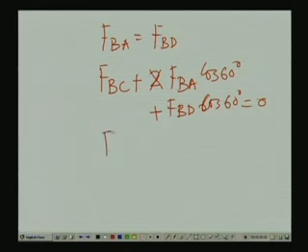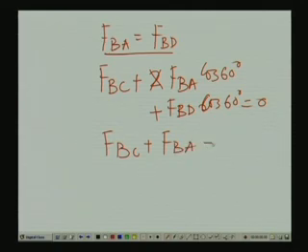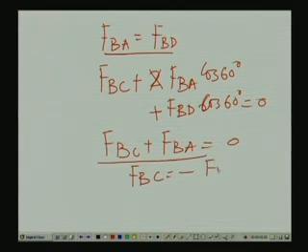Since BA and BD are the same, this is twice FBA and cos 60 is half. So, FBC plus FBA is equal to 0. Thereby FBC is equal to minus FBA.